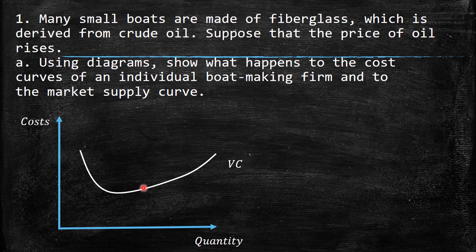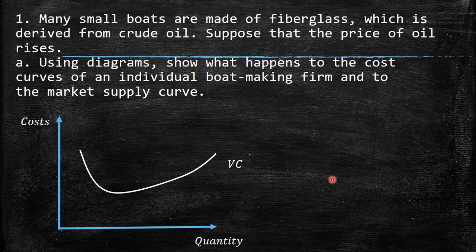It is downward sloping and then upward sloping. Okay, so the optimal point here is when the cost is the minimum. In order to understand this graph better, I strongly recommend you go to this chapter's explanation and the previous one, so you will figure out why the curve is this way.